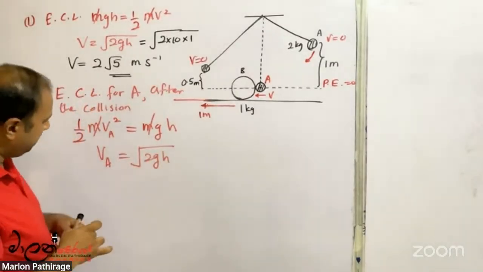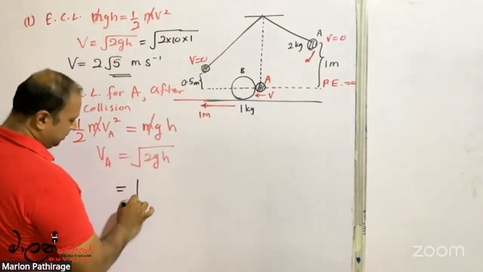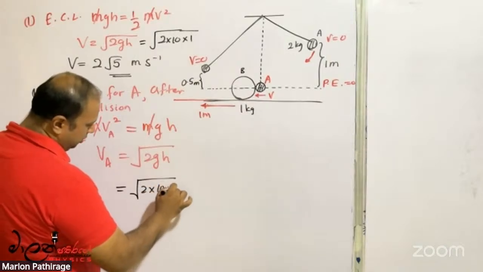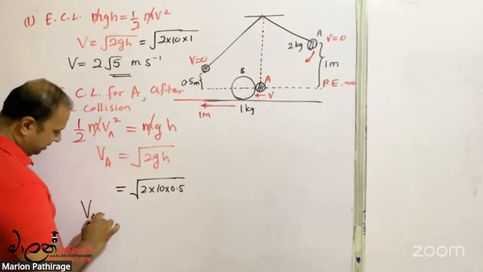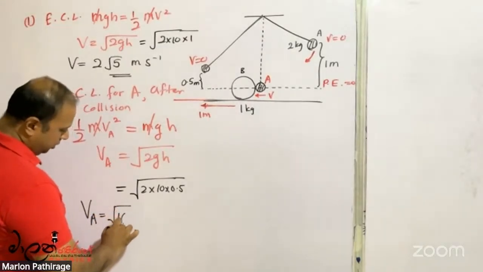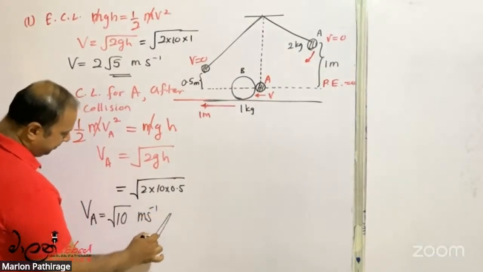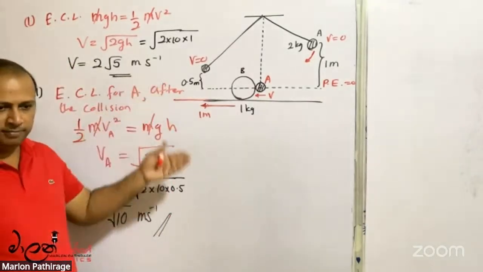Again, same equation, h is 0.5. So square root of 2 into 10 into 0.5. That means VA is equal to square root 10 m/s. Did you get my calculation? I got 10 now.